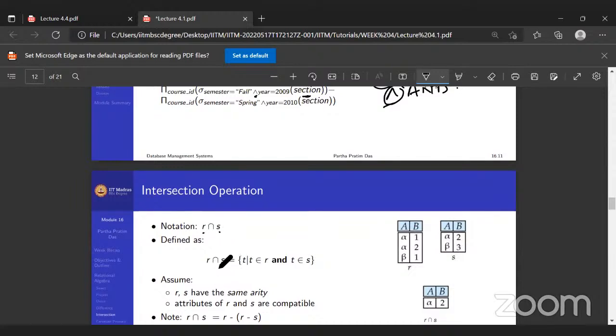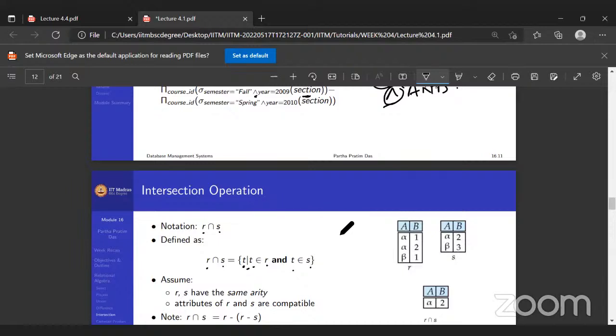If R and S, then R intersection S equals the tuple T such that tuple T belongs to R and tuple T belongs to S. So the tuple T belongs to both sets, right? This is known as the intersection, and we write this in SQL as intersect, if you remember.